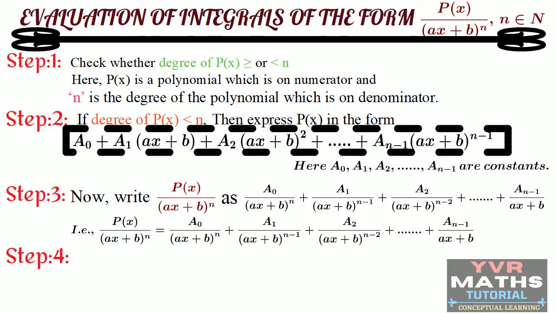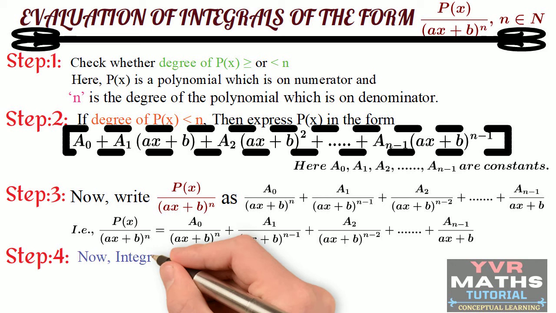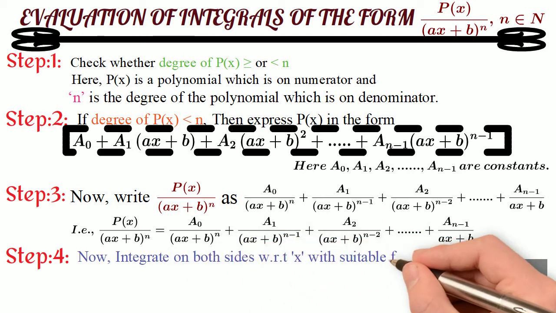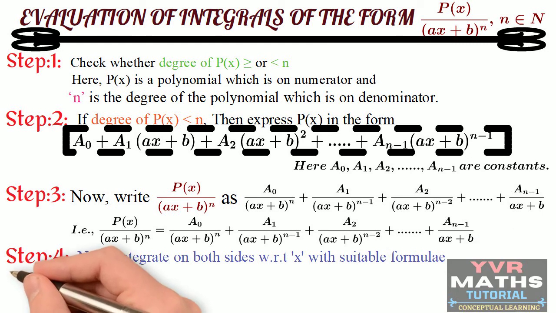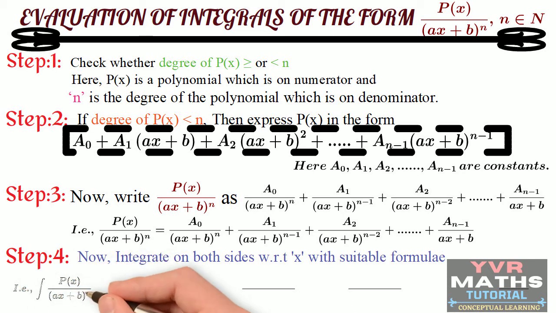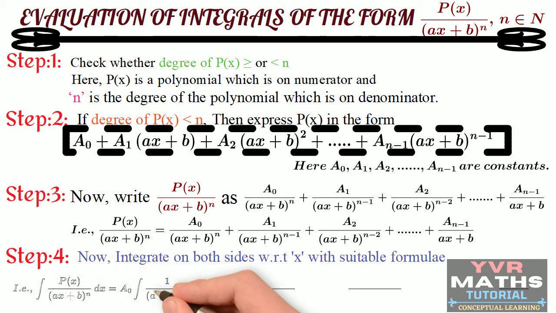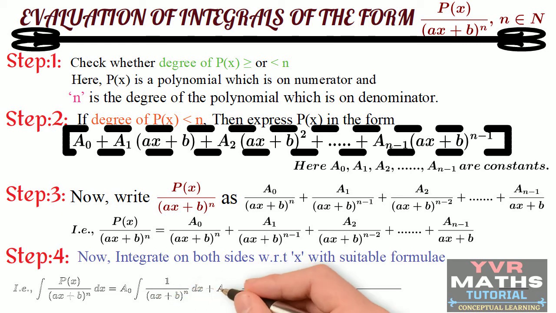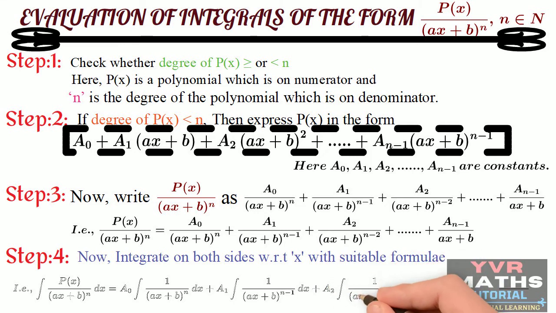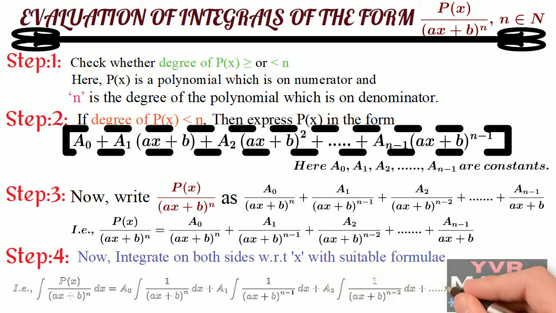What is step 4? Now integrate the above expression on both sides with respect to x with suitable formulae. That is, integral of p of x by (ax plus b) whole power n dx is equal to a0 into integral of 1 by (ax plus b) whole power n dx, plus a1 into integral of 1 by (ax plus b) whole power n minus 1 dx, plus a2 into integral of 1 by (ax plus b) whole power n minus 2 dx, plus so on, an minus 1 into integral of 1 by (ax plus b) dx.